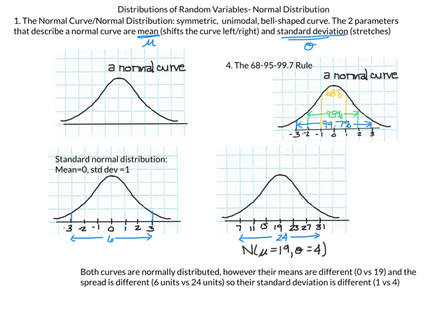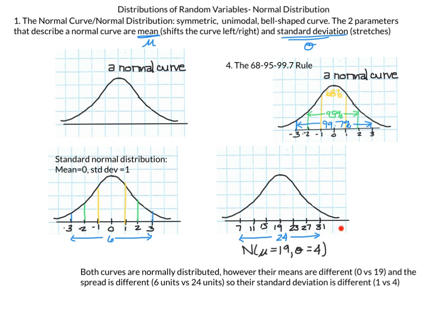And then here, 95% of our data should land between -2 and 2, and finally 68% of our data should land between -1 and 1. So for the most part, 99.7% of our data is going to be spread out only by 6 units, like our -3 to 3 is only 6 units apart.